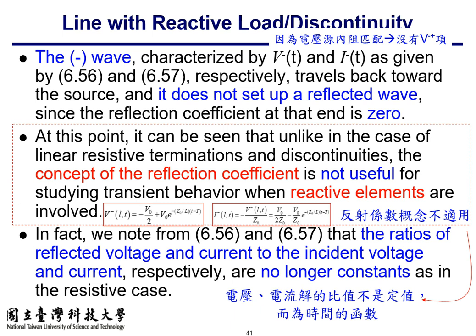However, in chapter 7, when we perform frequency domain analysis, the concept of reflection coefficient is still applicable for reactive components, because in that case, we are talking about steady state characteristics of the transmission line, which is not the same case as we have here.